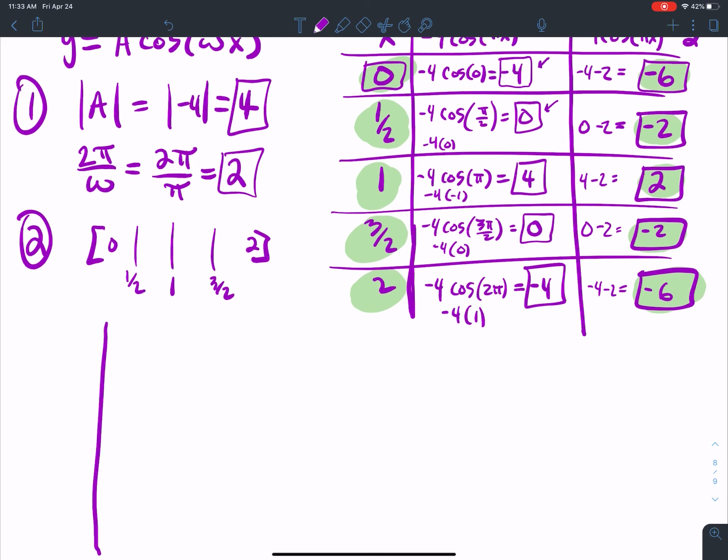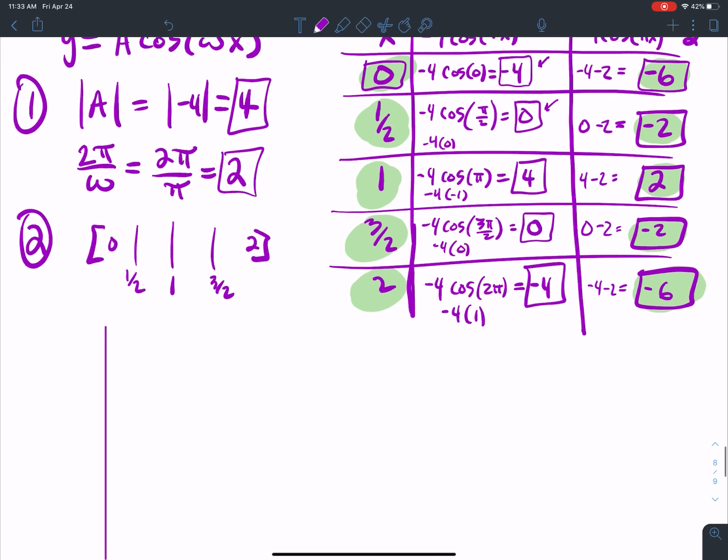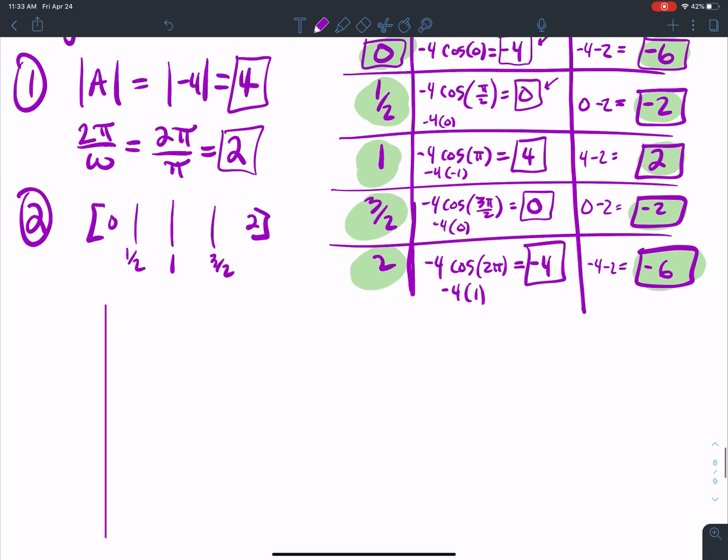All right, so what y values do I need? Well, it looks like I need everything from 2 down to -6. Okay, so 1, 2, and then -1, -2, -3, -4, -5, -6. What x values do I need? Everything between 0 and 2.